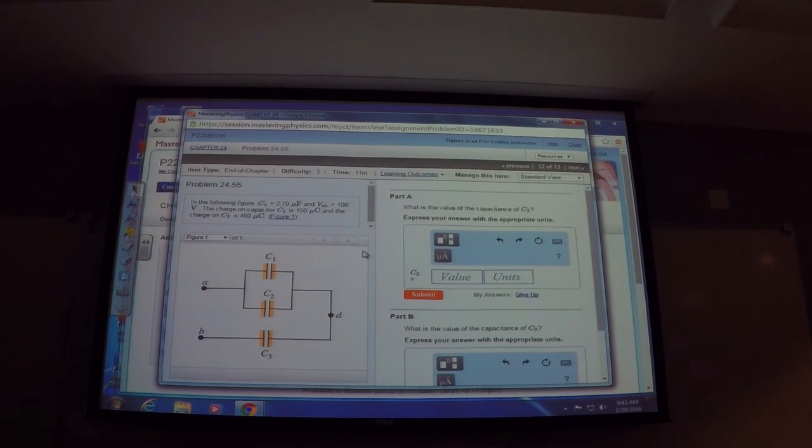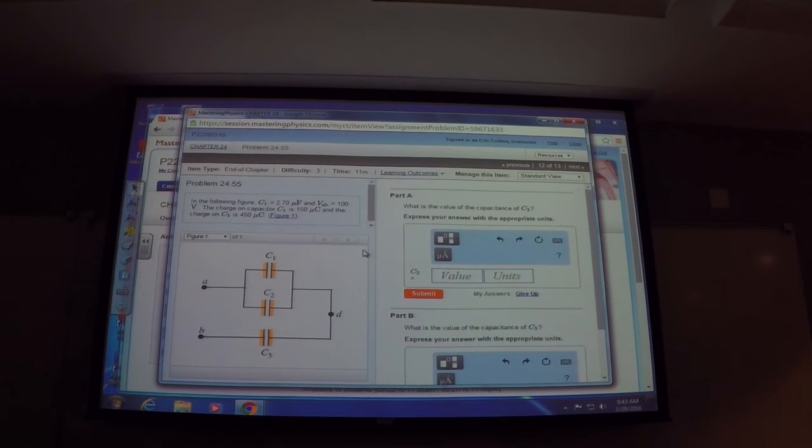Oh, that one, okay. In the following, C is 2.170 microfarads and VAB is 100 volts. The charge of capacitor C1 is 150 microcoulombs and the charge on C3 is 450 microcoulombs. It asks, what is the value of the capacitance C2 and what is the value of the capacitance C3? That's interesting.